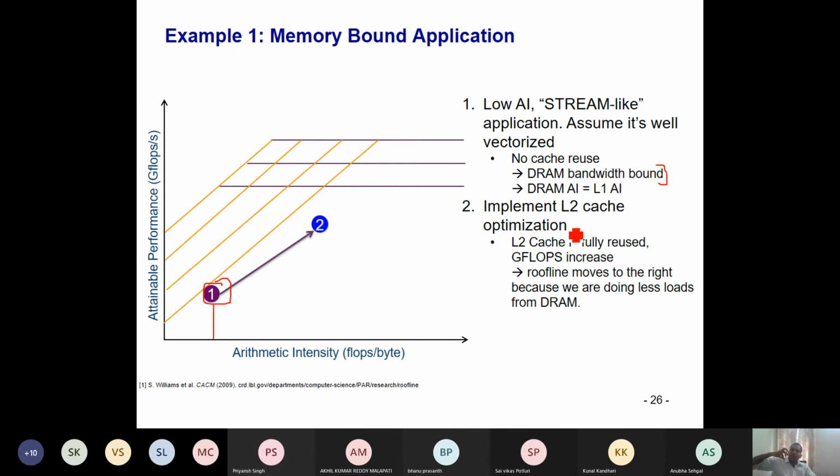Suppose originally we were not able to fetch the data from the L2 cache; all the data fetches were from DRAM. So we try to bring the data into the L2 cache itself so that we don't have to go to DRAM. Now our AI improves, right? So the point on the roofline model moves to the right, because our AI has improved. Instead of operating at this point, we are now operating at this point.